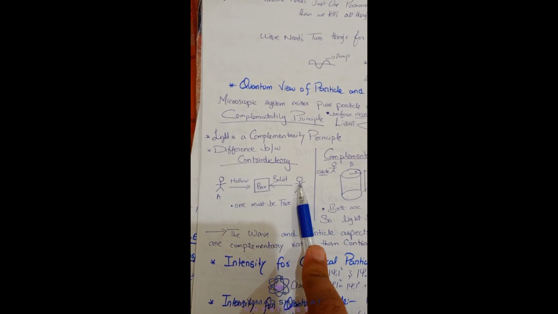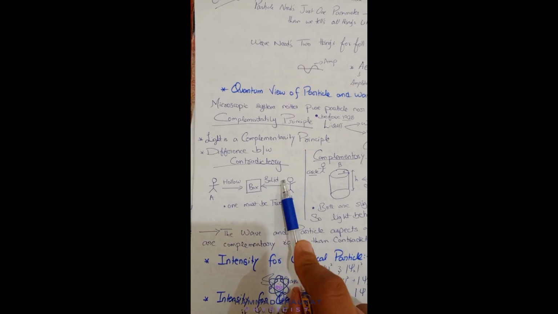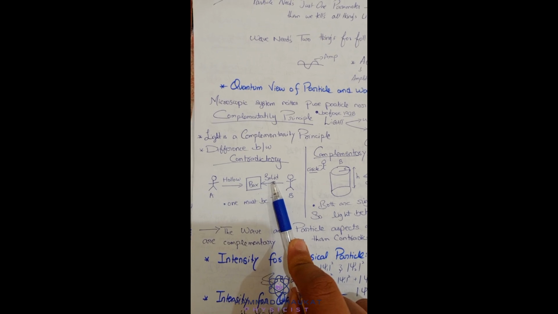Suppose two persons, A and B. A is looking towards this box, B is looking towards this box. One is saying this box is hollow in shape. The other one is saying this box is solid in shape. How is that possible? This is only one box, there are no two or more boxes.